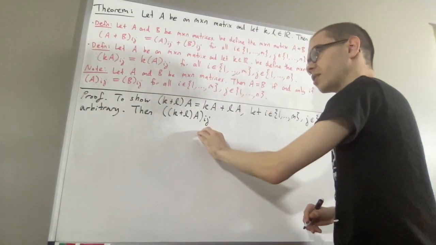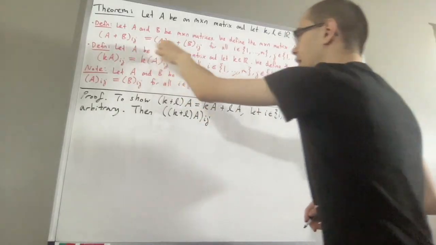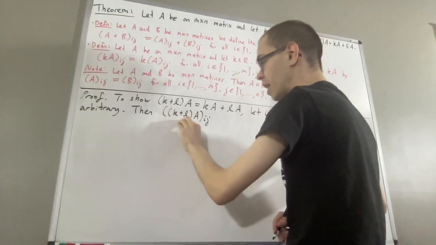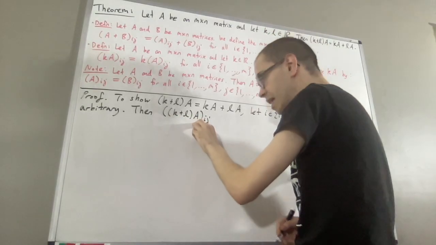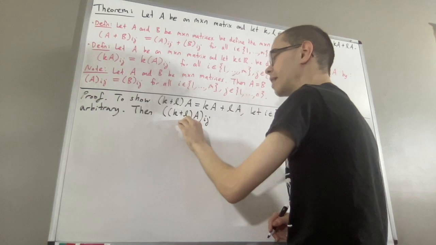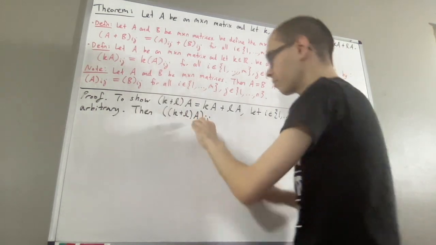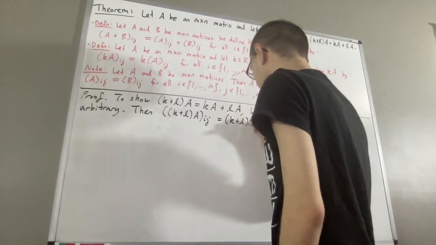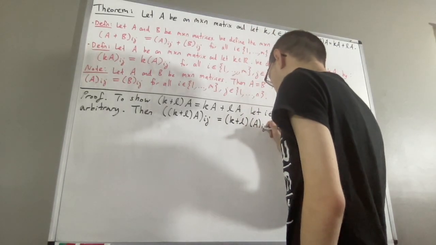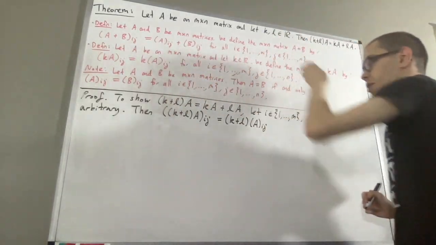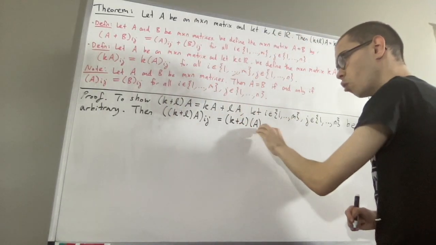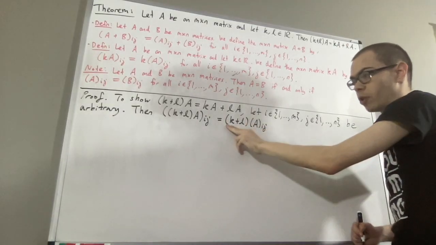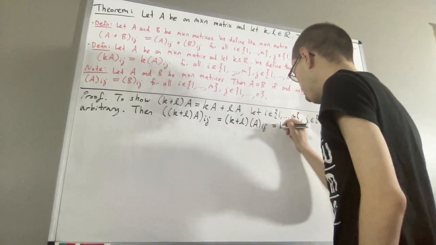So what can we do with this? Well, by definition of scalar multiplication, the ij entry of (K plus L) times A is equal to (K plus L) times the ij entry of matrix A. Right, so we can pull out the K plus L. That is what the definition of scalar multiplication tells us. But then from here, we're able to distribute the ij entry of A across the parentheses.